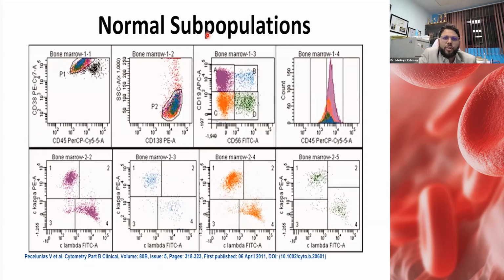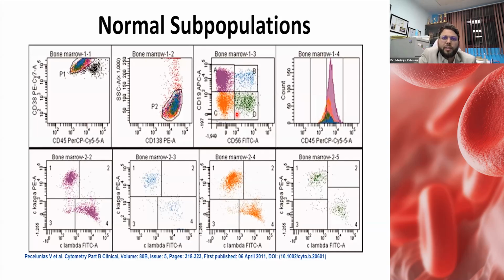A similar situation applies to different subsets of these cells. If you see in the 19/56 plot, one population is 19 positive, another population is 19 and 56 both positive, a third population is 56 positive and negative for 19, and a fourth population is 19 and 56 dual negative. But if you see, all these four populations are nicely polytypic in cytoplasmic kappa and cytoplasmic lambda.